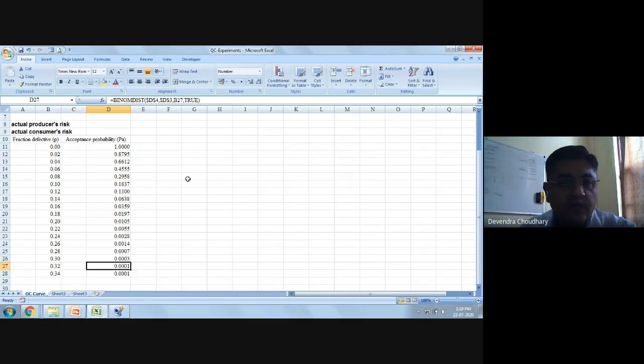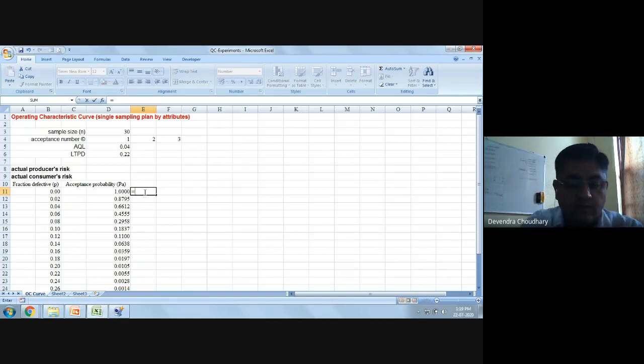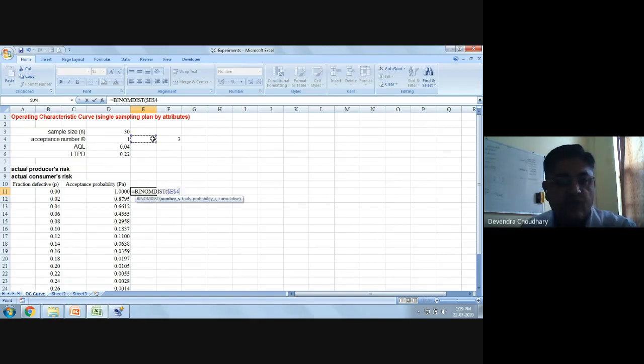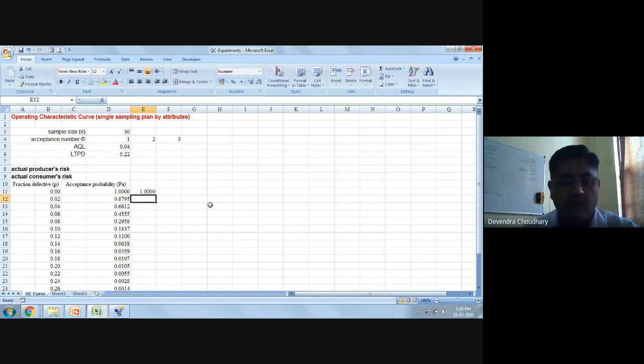Okay, so similarly you can get probabilities corresponding to acceptance number 2. So I write here binom distribution. Here number is your this, freeze it by pressing the F4 key, comma, trials is your 30. So again press F4, comma, P is your this, comma, cumulative, write true, and by double clicking and closing the bracket you get the probability.